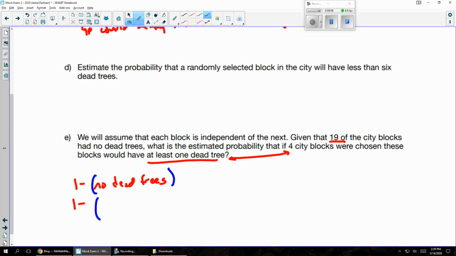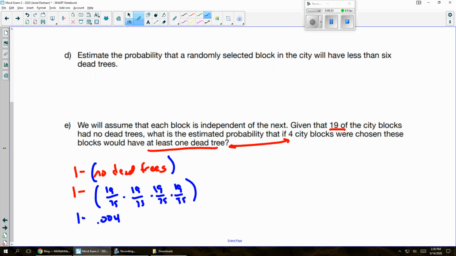So that means the first one had no dead trees. The probability of that is 19/75, 19/75, 19/75, 19/75. And if I work that out, I get 1 minus 0.004, which means 0.996. Really good chance that there'll be a dead tree there. You could also use a binomial distribution on this to get the same answer. That would work fine as well.